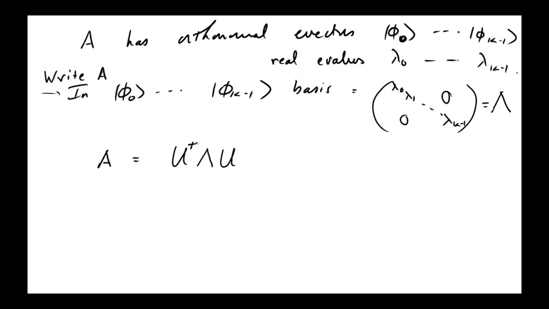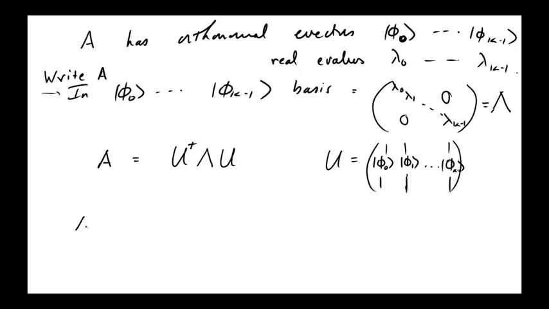So A can always be written as U dagger lambda U, where U is a matrix which changes the standard basis to the phi basis, the basis of eigenvectors. So what does U look like? Well, the columns of U are going to look like the phi j's. The first column will look like phi naught, the second column will look like phi 1, etc. The last column will look like phi k minus 1.